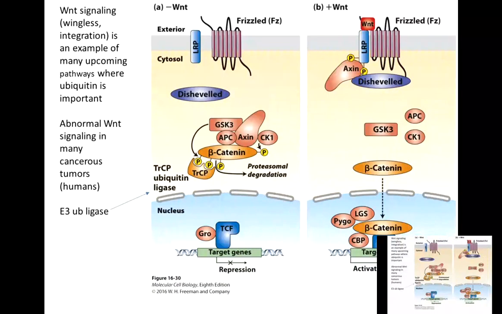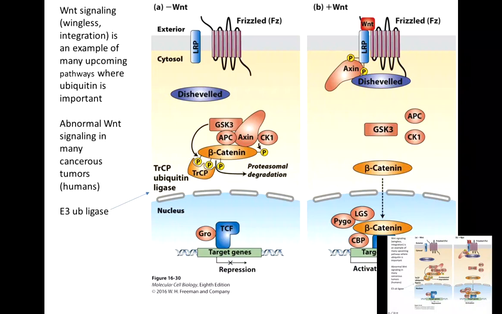Here's another signaling pathway that you'll see a lot in developmental pathways and also in cancer pathways. It's called WNT, W-N-T. It's a smash together of wingless and integration, which are two Drosophila mutation names, the mutants where it was discovered.